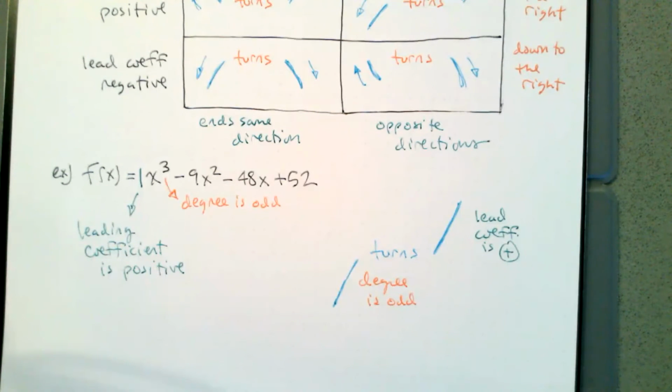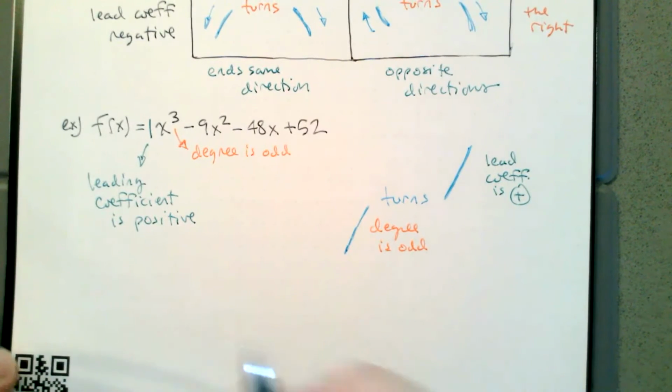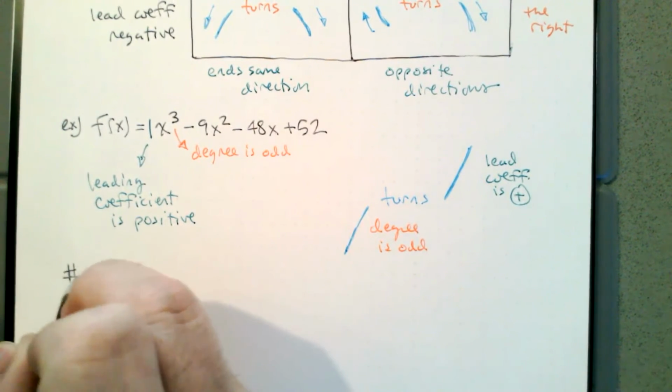Let's talk about the number of turns. The number of turns that a polynomial graph will make is 1 less than the degree or less than that by an even number. It's one of those things where you describe it in words and it comes out kind of badly, but it makes sense. Actually, just one quick question, please.